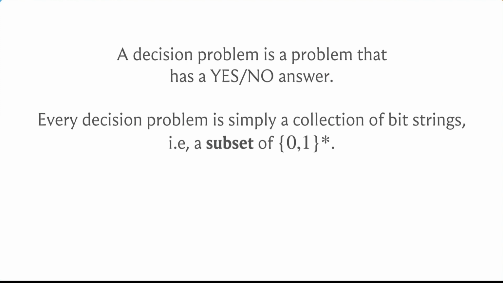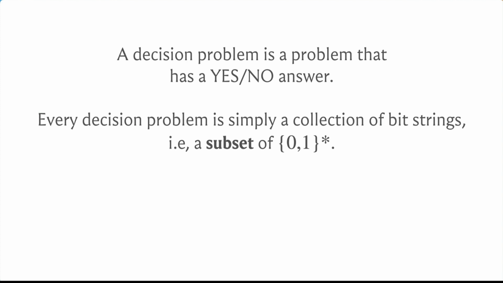But to be able to define the complexity classes that we will be working with, we will need to talk about decision problems, which are basically simpler versions of optimization problems. These are problems that have yes-no answers. So basically, it's a binary classification of all instances, and they're very closely related to their optimization counterparts.